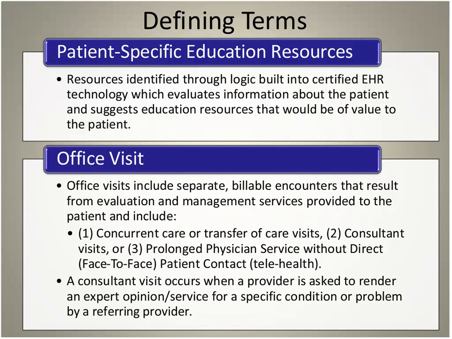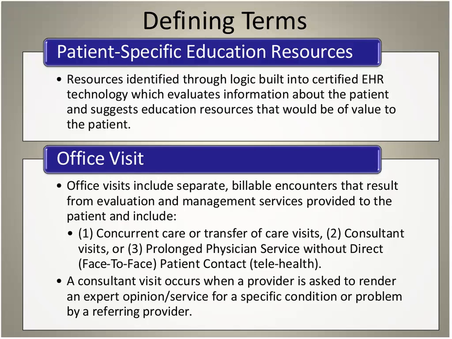Definition of an office visit, really two types of office visits that CMS involves here in their definitions. One defines a visit as a separate billable encounter that results from evaluation and management services provided to the patient and includes concurrent care or transfer of care visits, consultant visits, or prolonged physician service without direct face-to-face patient contact.